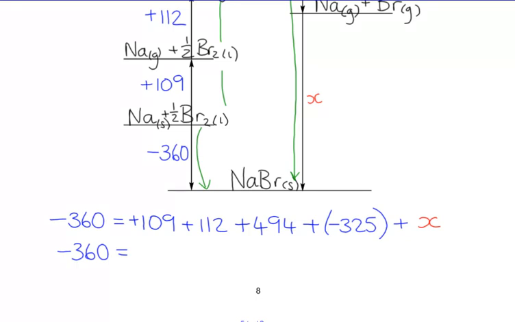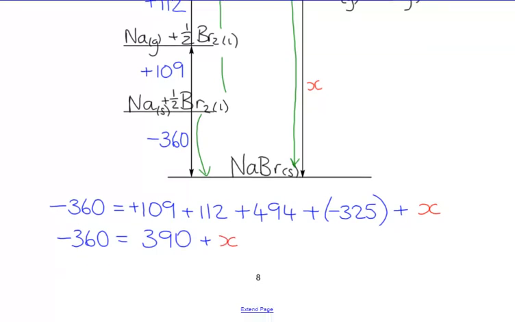If you add up all of those numbers on your calculator, we should get 390. We've still got plus x. So you can now rearrange for x by taking away 390 from each side, and you should get minus 750 kilojoules per mole, which makes sense. It's a nice big arrow and it's pointing down, minus 750.